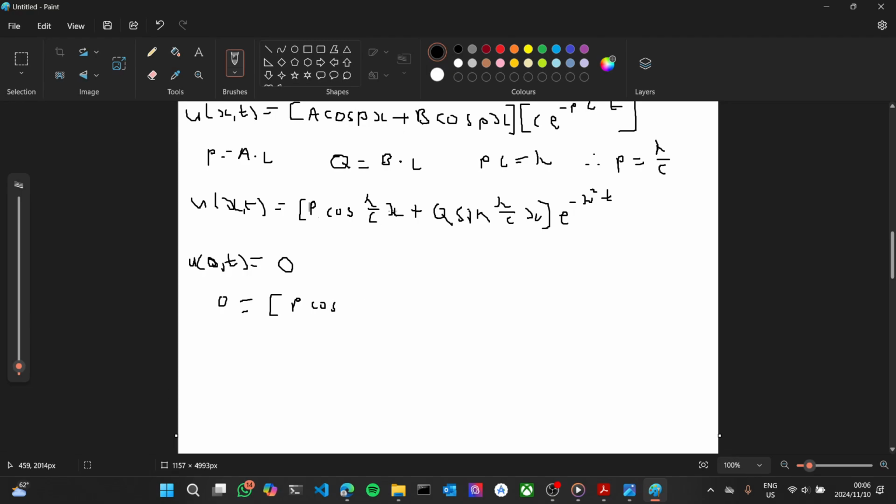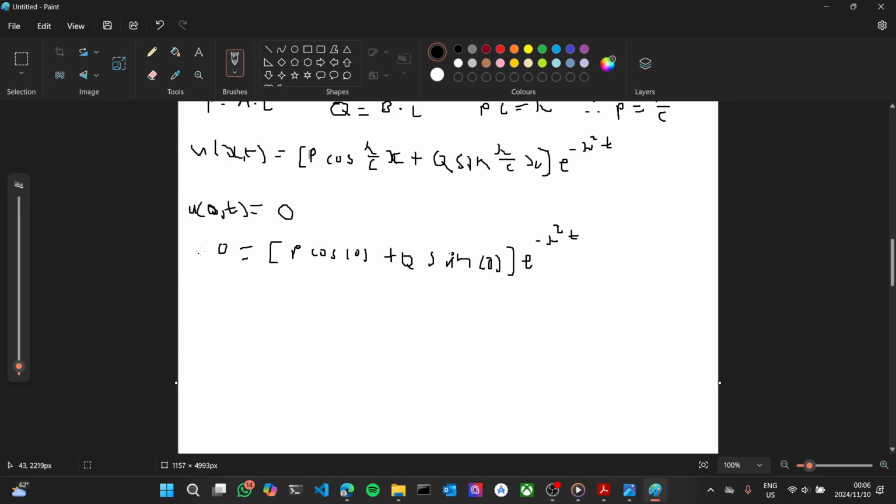If we substitute 0 for x, that whole part becomes 0 plus q sine, same for this part here, and that's all multiplied by e to the minus lambda squared t. Okay, and so cosine of 0 is 1, sine of 0 is 0, so that will reduce just to these two things here.